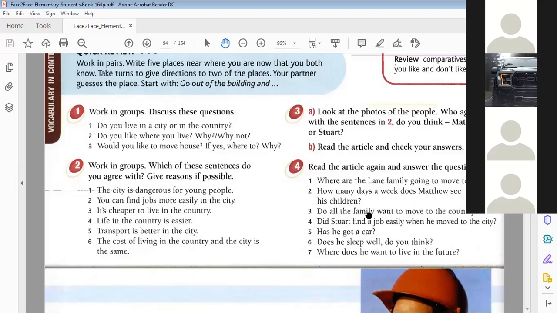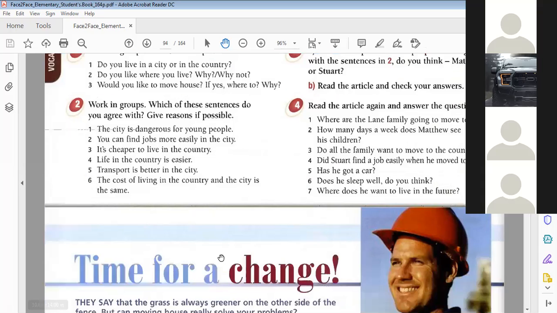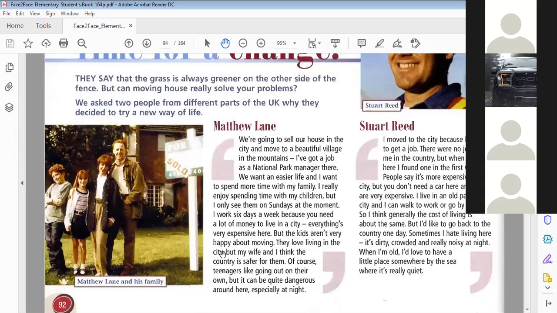And number 3, do all the family want to move to the country? Number 4, did Stuart find a job easily when he moved to the city? Has he got a car? Does he sleep well? And where does he want to live in the future? So we're going to find the answers to all these questions from the article, okay? So take a few minutes, read the article first, and then we'll find the answers together, okay?